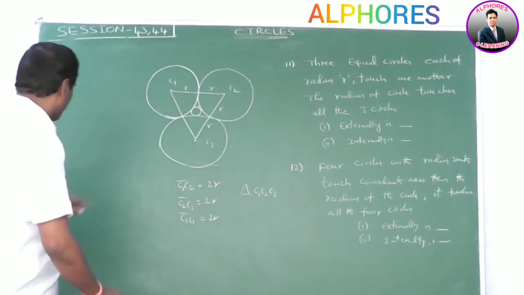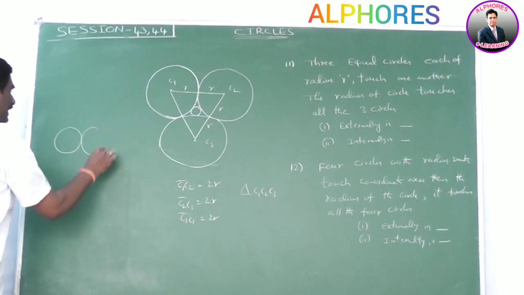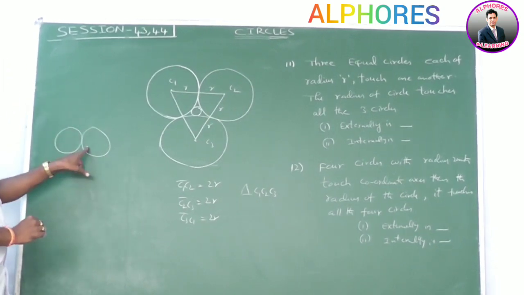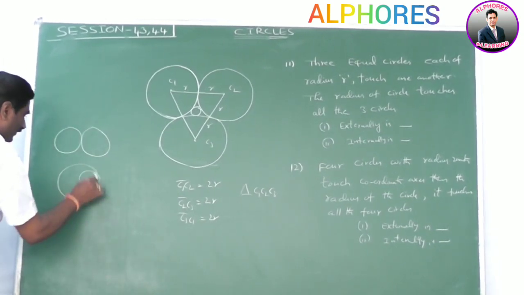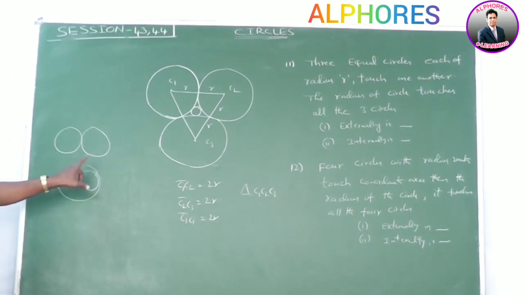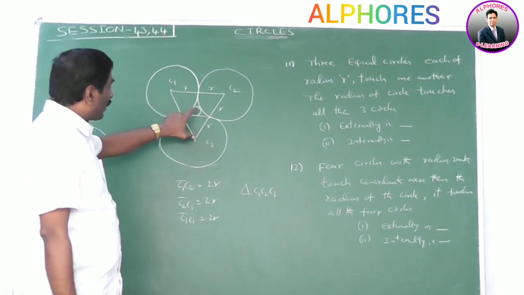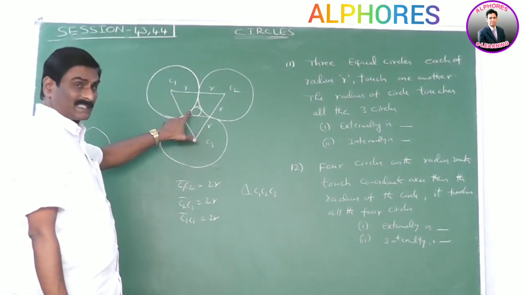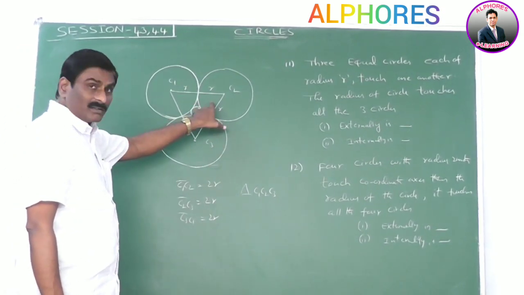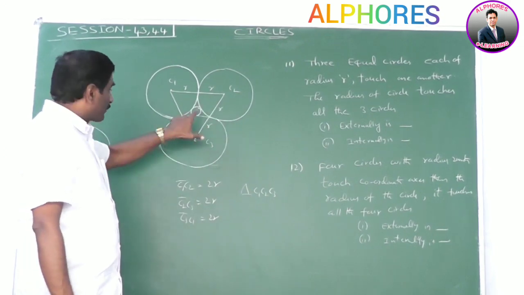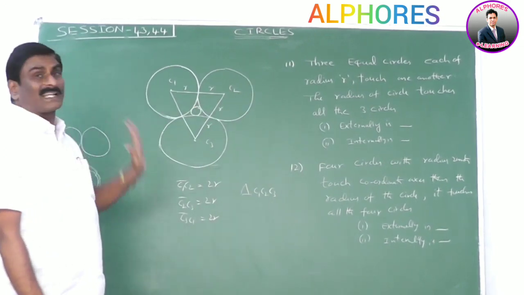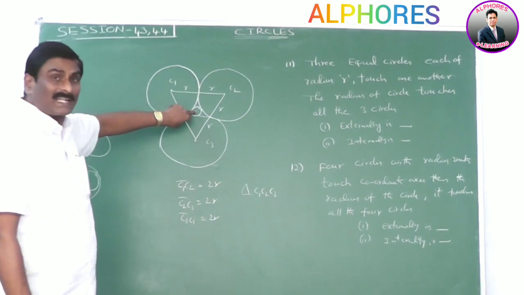Please observe this point. Suppose the circles are in this way, these two circles touch externally. Suppose the circles are in this way, these two circles touch internally, if one of the circles lies completely inside. But here, one of the circles is away from the other and touches. These two circles do not lie inside. Now we find the radius of this circle.